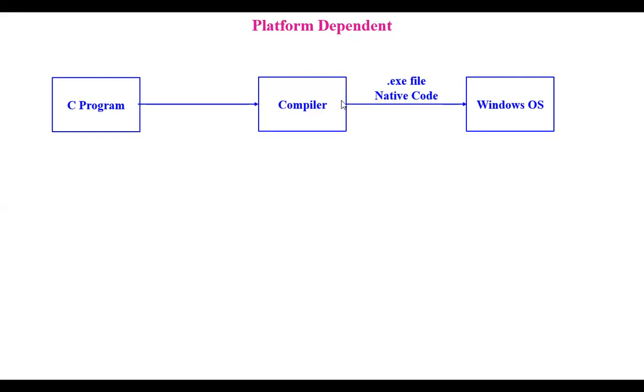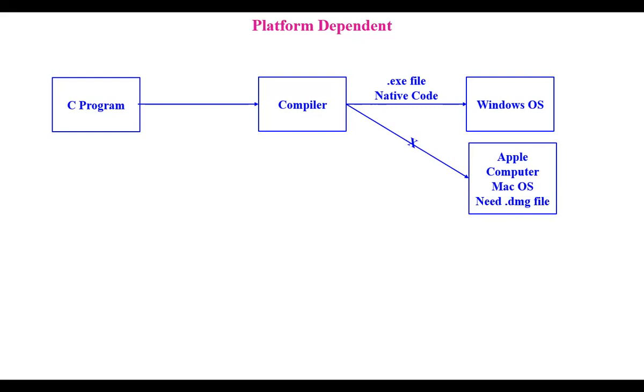Suppose you give this output to an Apple computer. It won't work. Why? Because it has a different operating system, Mac, and it needs a .dmg file. So what to do? I want to run my C program on a Mac computer also.